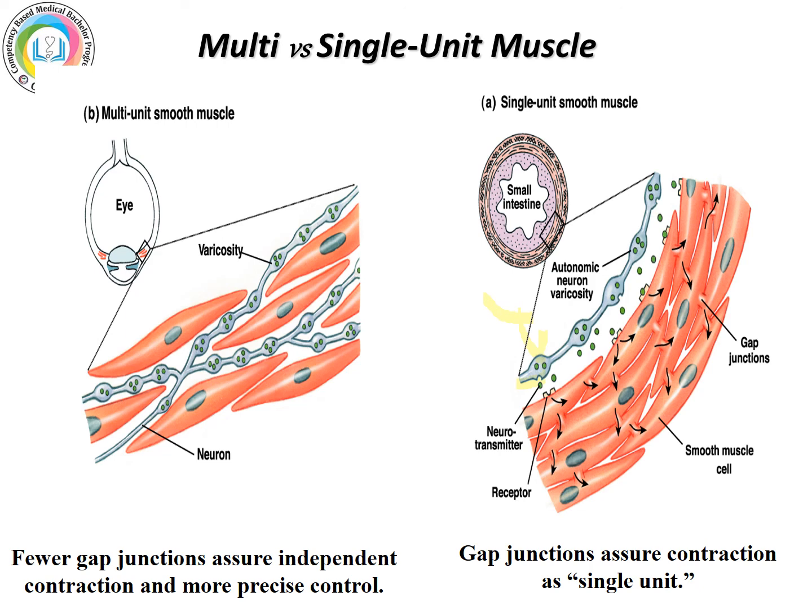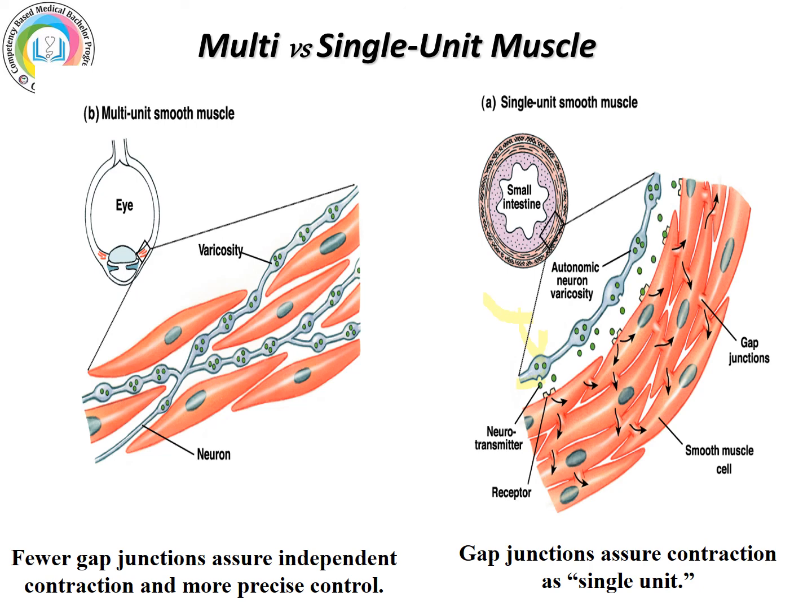This slide shows us multi- and single-unit innervation again, and we see a diffusion of the nerve fibers between the muscle fibers and also the varicosities or bulbs that contain a neurotransmitter. As we see the ciliary muscle of the eye, is it multi-unit or single unit?